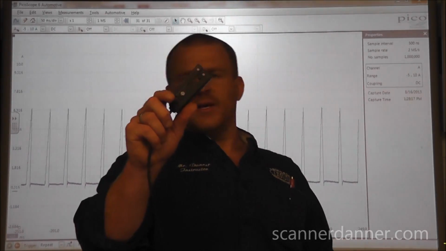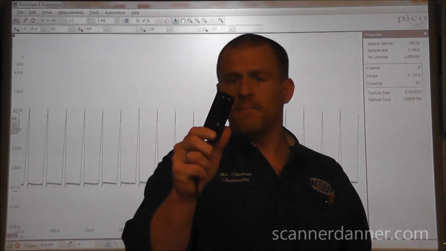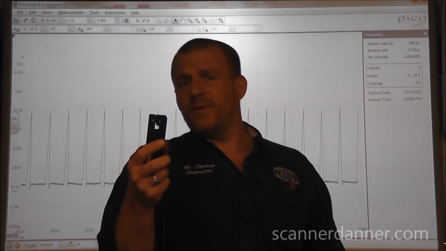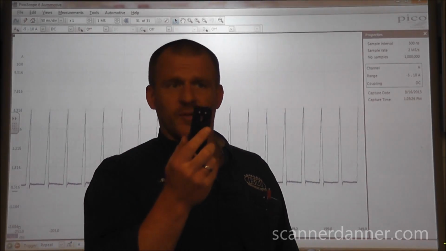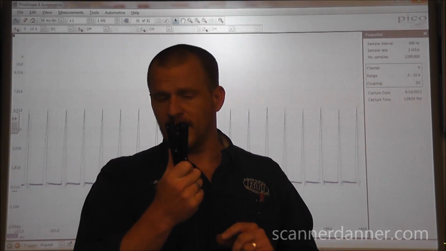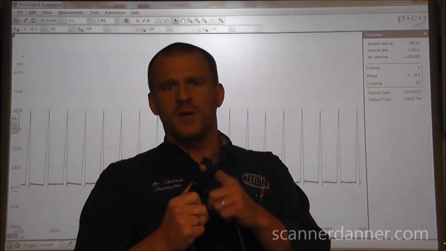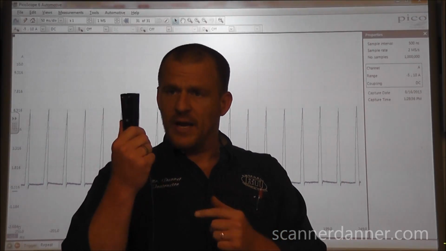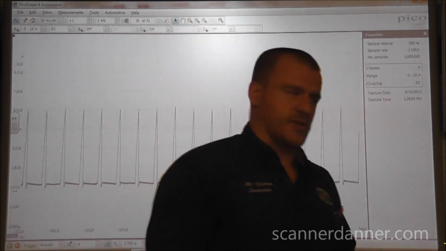And what I'm using is an inductive pickup, a little RPM pickup. It's also known as a sync probe. I'm going to put this on the number 1 plug wire for my second channel, so you understand where I'm getting an impulse every time cylinder number 1 fires. It's going to send a signal into here. I'm going to pick that up and I'm going to put it on the screen.